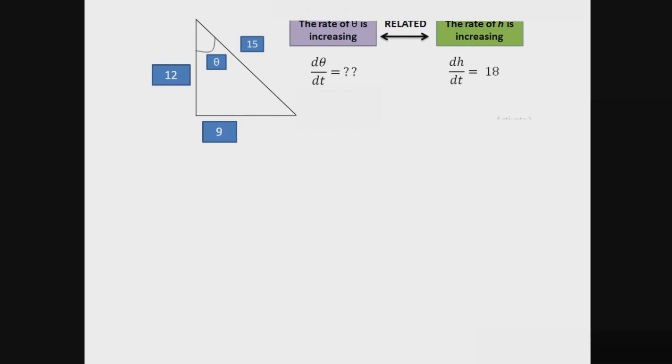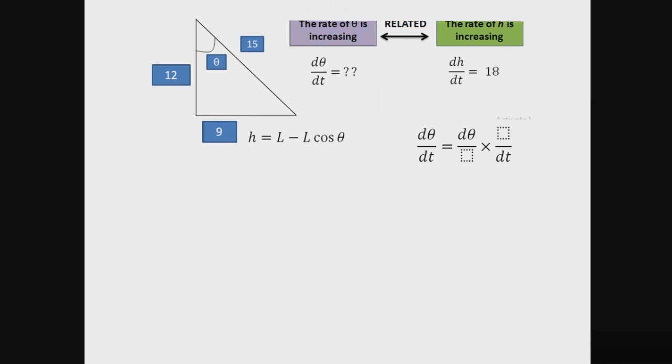Okay, now to solve this related rates problem, just recall the function that we have just proved, which is h is equal to L minus L cos theta. From here, we need to make the chain rule first. As we are interested to find d theta over dt, we need to make the chain rule like this, which is d theta over dh multiplied by dh over dt.